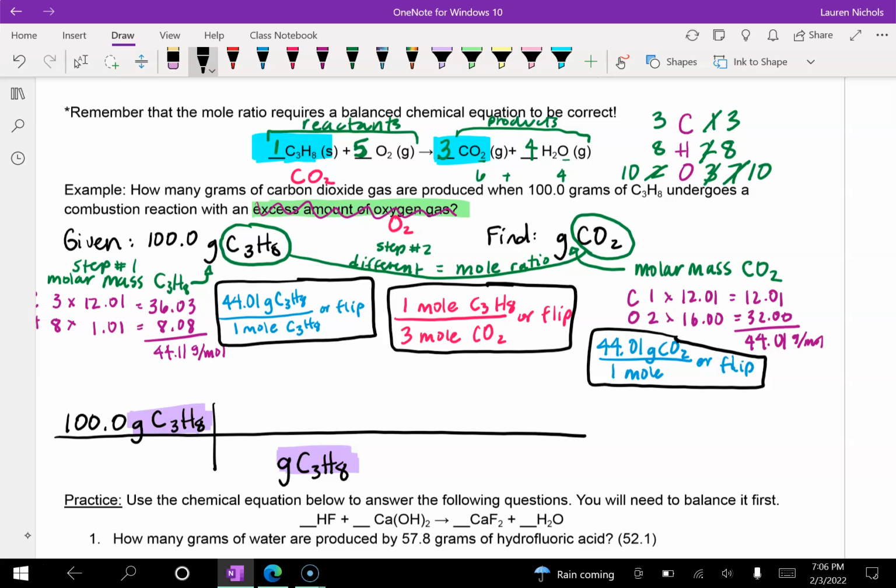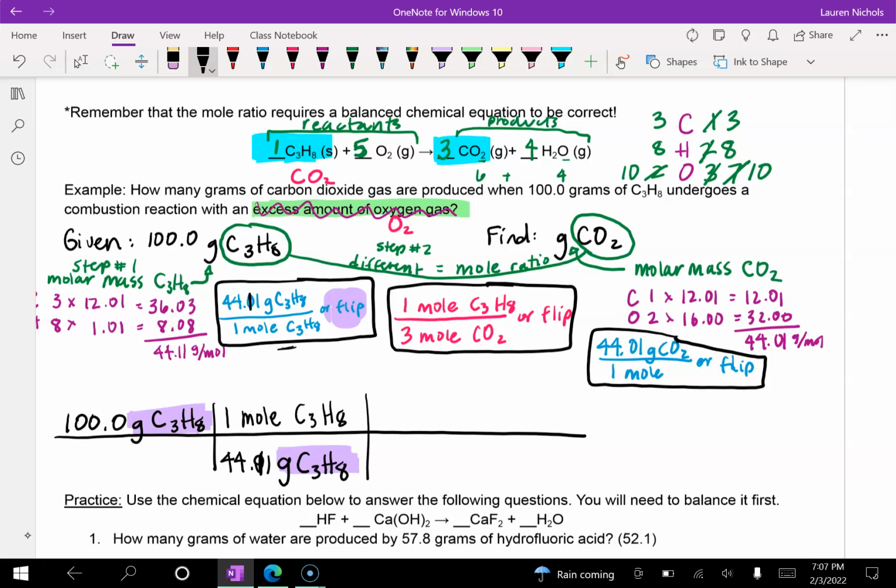So the only one that has it is our molar mass here. And since it has grams of C3H8 at the top, we're going to have to flip this in order for it to match up. So we'll put our 44.01, oh, sorry, that should be 44.11. I wrote it incorrectly earlier. 44.11 grams of C3H8 on the bottom, and 1 mole of C3H8 in the numerator.